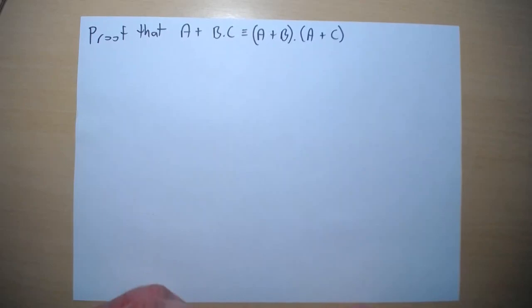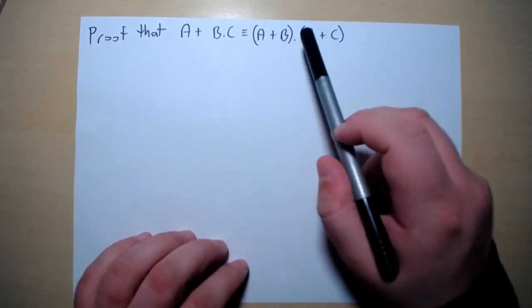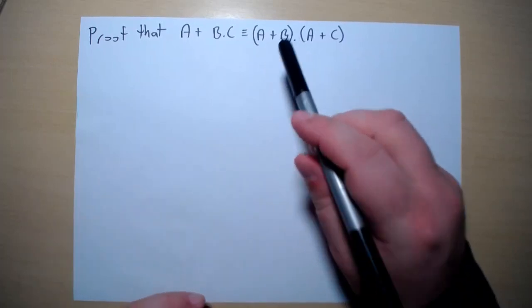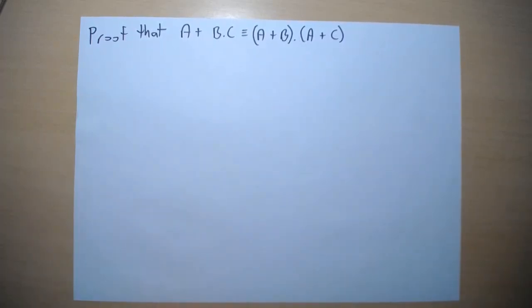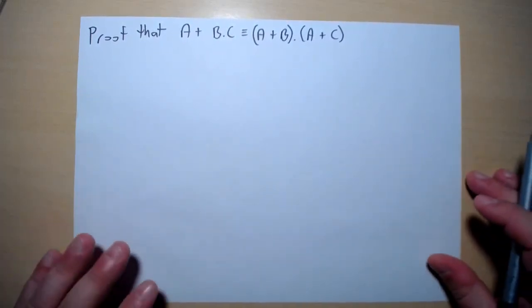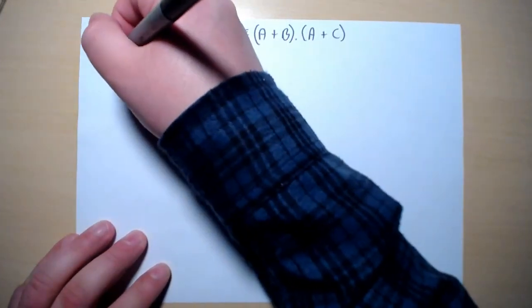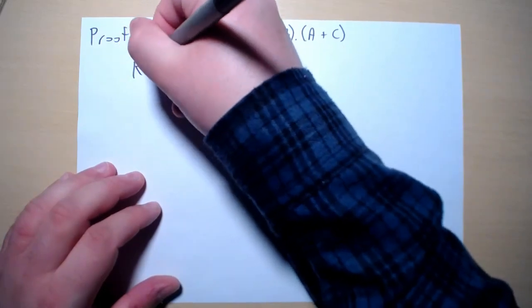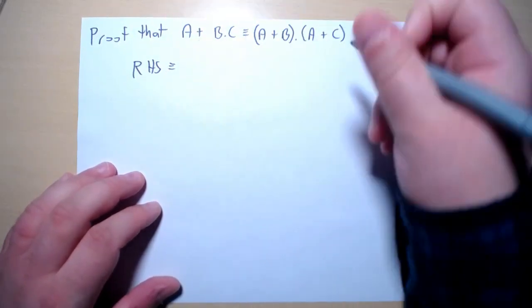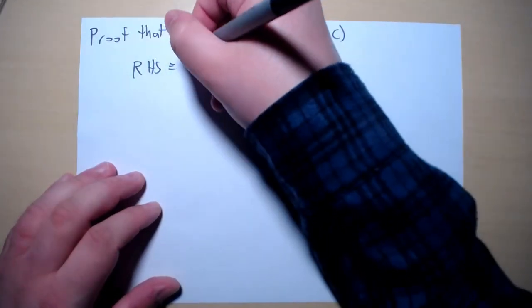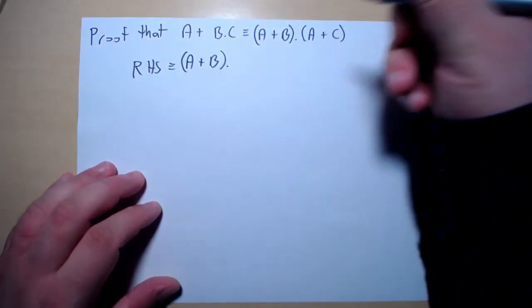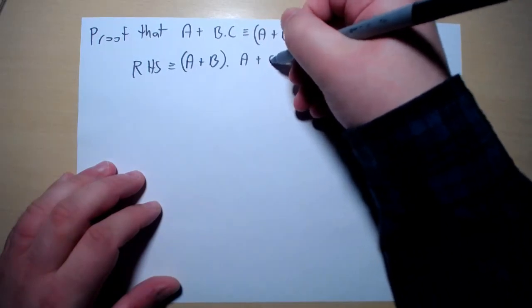In this case, it makes sense that we start from the right-hand side because it is more complex and therefore we have more room to work. So I'm going to start the proof by doing this. Right-hand side is identical to, and I'm going to copy this, (A or B) and (A or C).